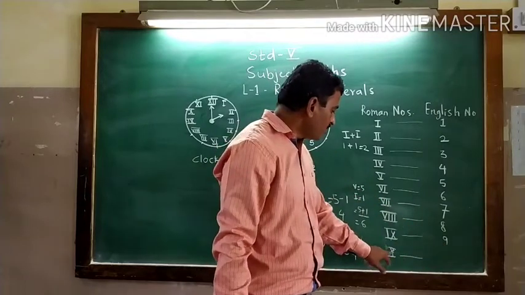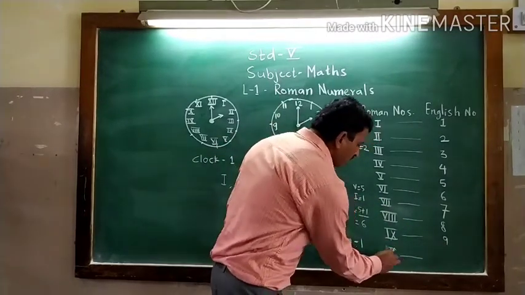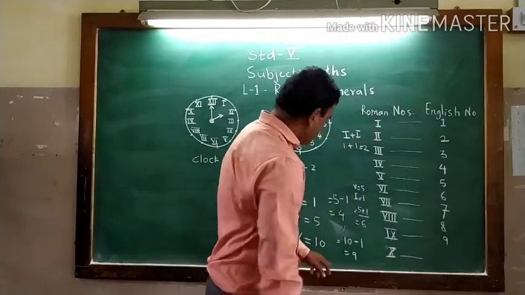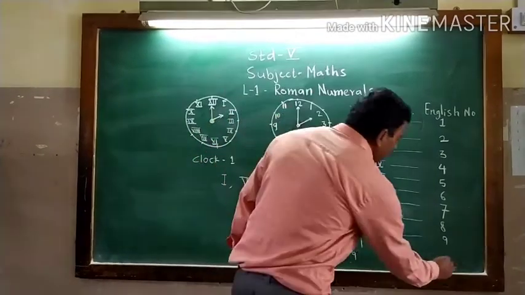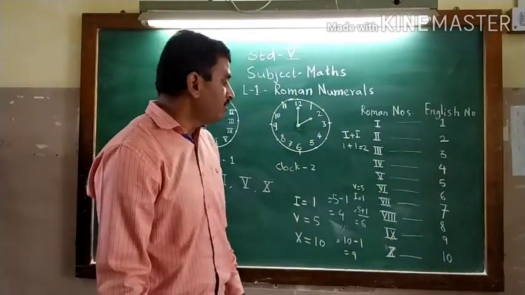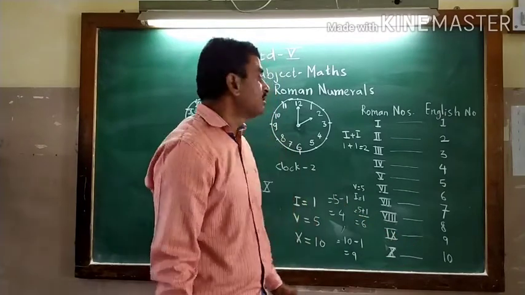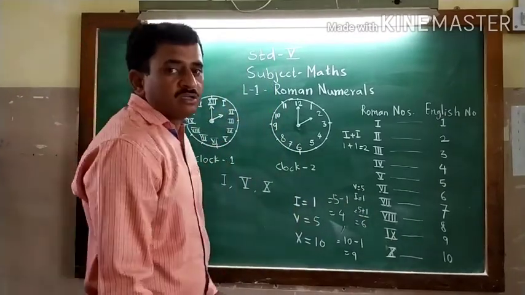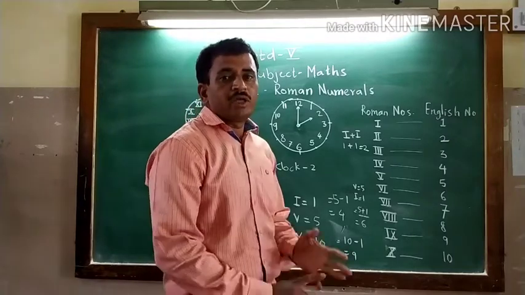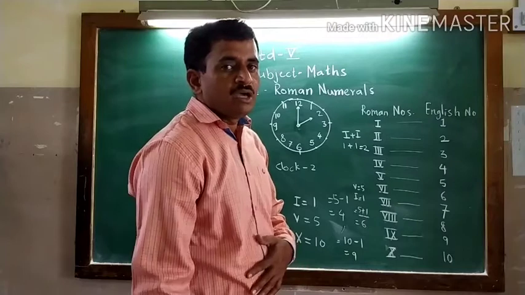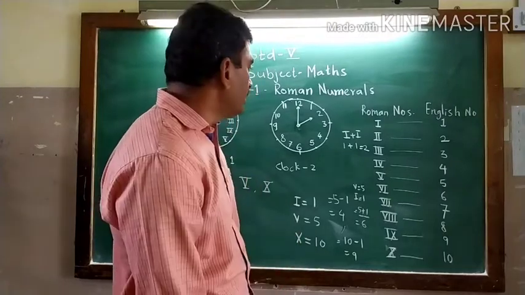Now going forward on this X, value of X is 10. Now we move forward on the values of 11, 12, 13, 14, 15, 16, 17, 18, 19 and 20.